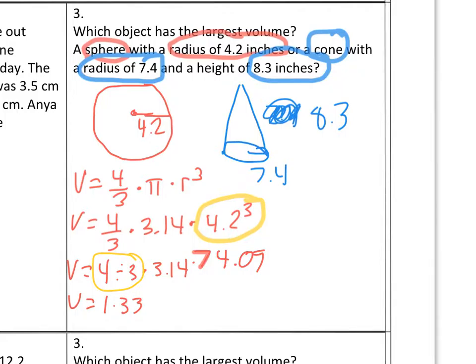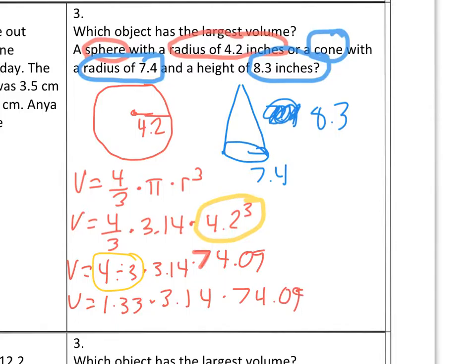And you should now be at it looks like 4.1866667. And that's basically 4.186 that goes on forever. And they rounded that 6 up to a 7 for you automatically. Okay, let's go back to our paper and write some of this down. So right now on my paper I got volume equals 1.33 times, bring everything else down, so 3.14 times 74.09.